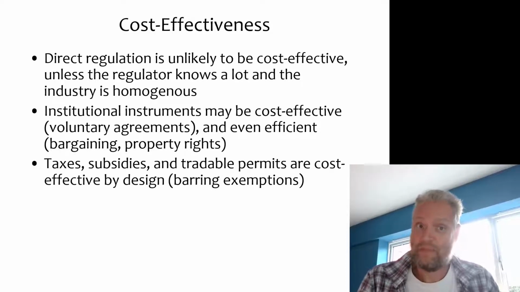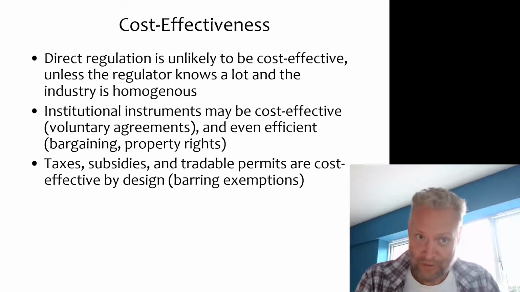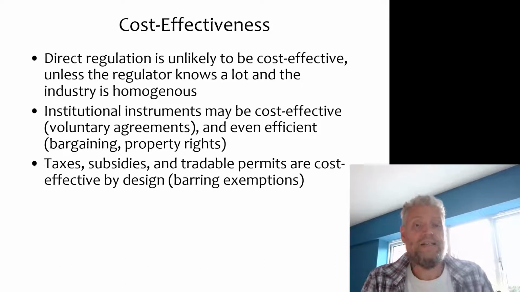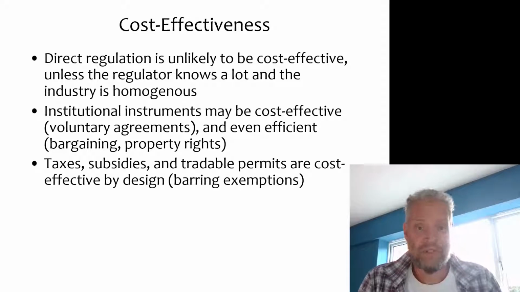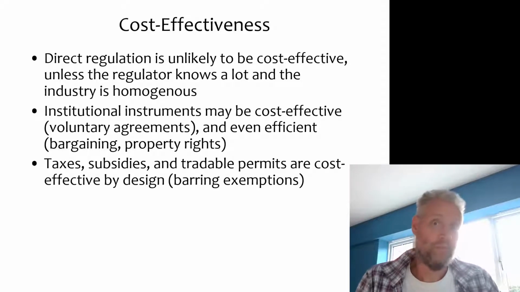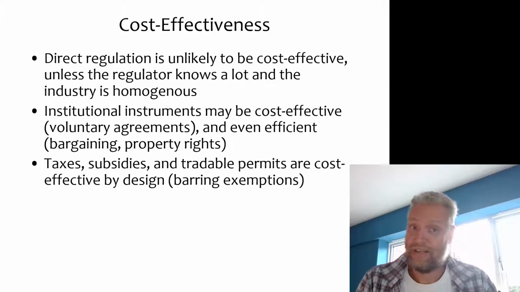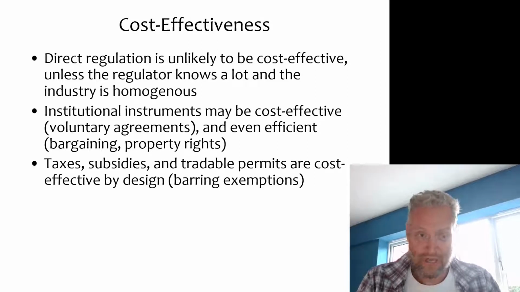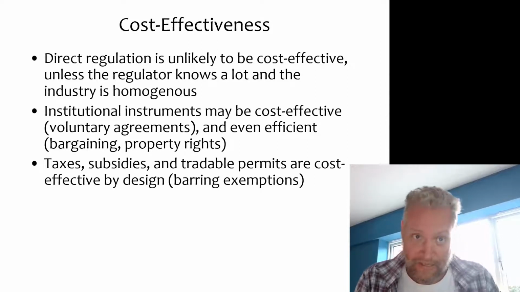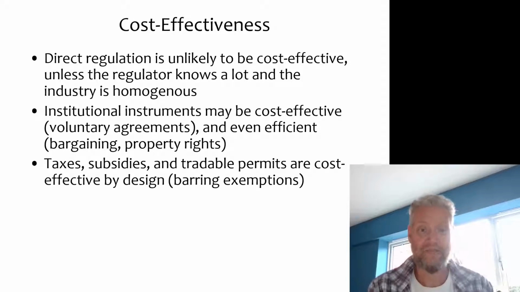But there's a mixed bag there. They may also lead to special pleading and exemptions and those sort of things. It may be that the regulator is captured by industry or particular companies in the industry and gives out favors to those companies, and that immediately then implies that costs are not equated at the margin.